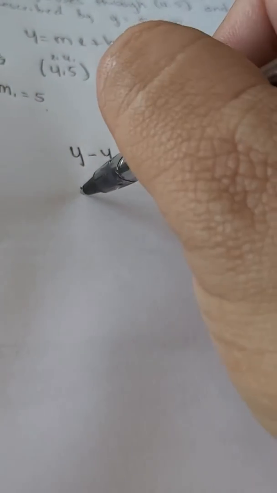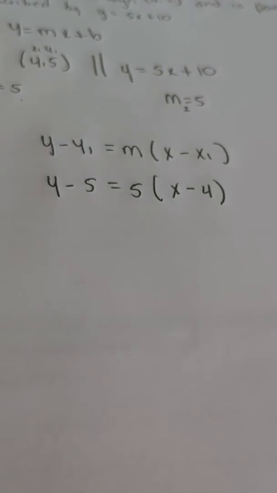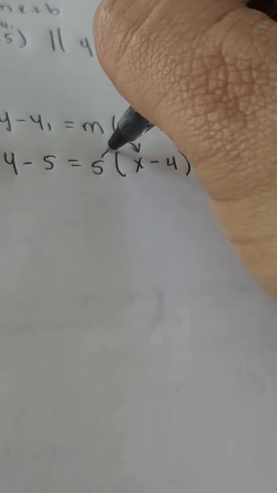So x1, y1. Now let's substitute. y minus 5 equals m, 5, times x minus x1, 4. Now we write this in slope-intercept form by first doing the distributive property.